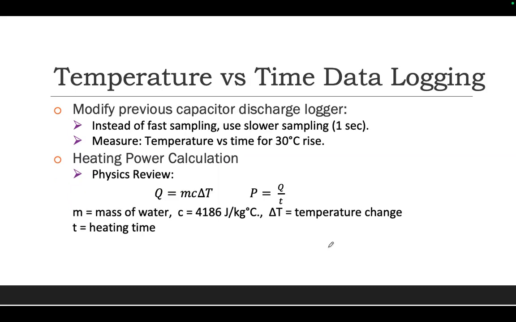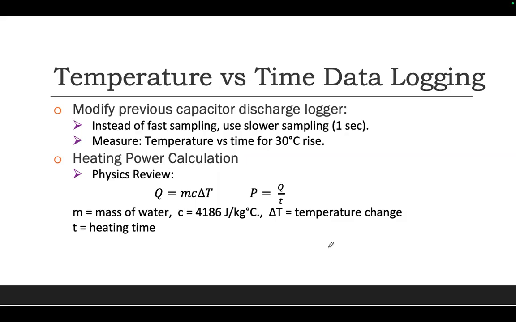Okay, let's talk about temperature versus time data logging. I will give you the code for today's lab. The code is very similar to lab 4 and lab 5. For activity 2, you modify the previous capacitor discharge logger, and instead of faster sampling, use slower sampling.